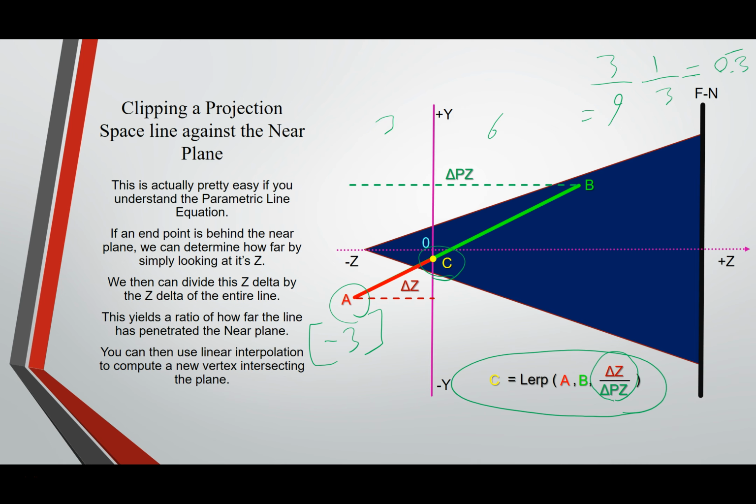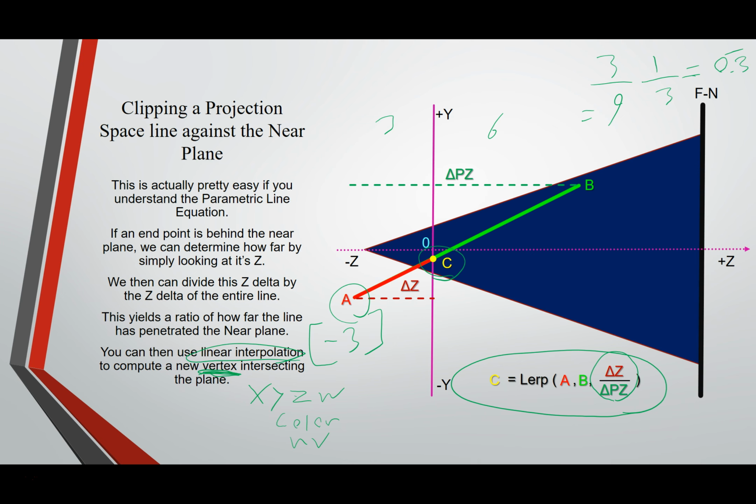This actually allows us to intersect the line right on the near plane. So that's pretty cool. Keep in mind though, when we're doing this linear interpolation, what we're trying to create is a new vertex, and remember, a vertex is more than x, y, z, w. You could also have color, UV, etc.